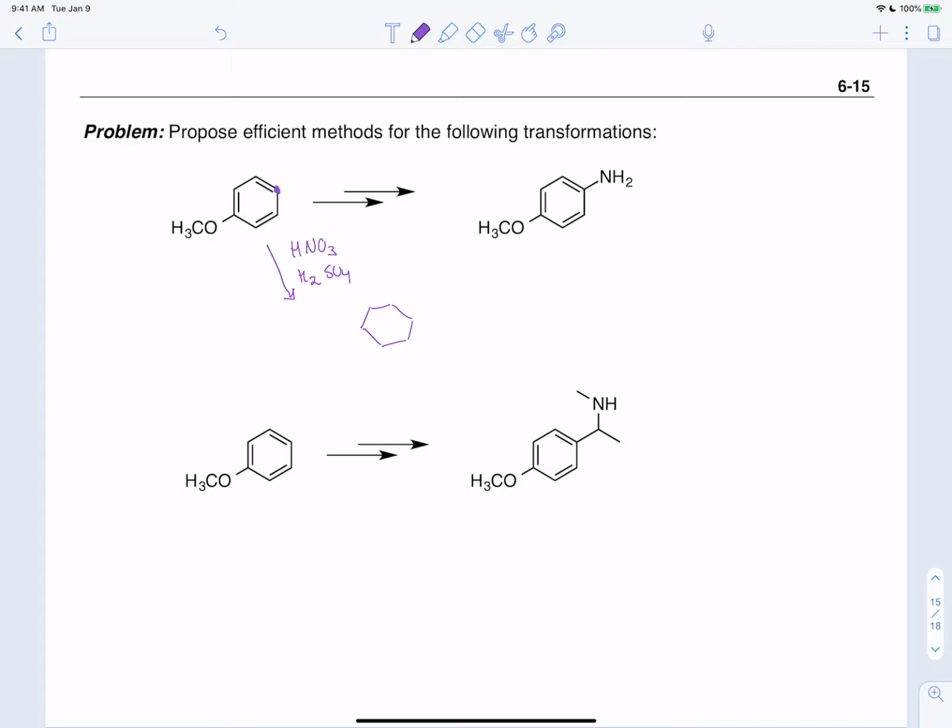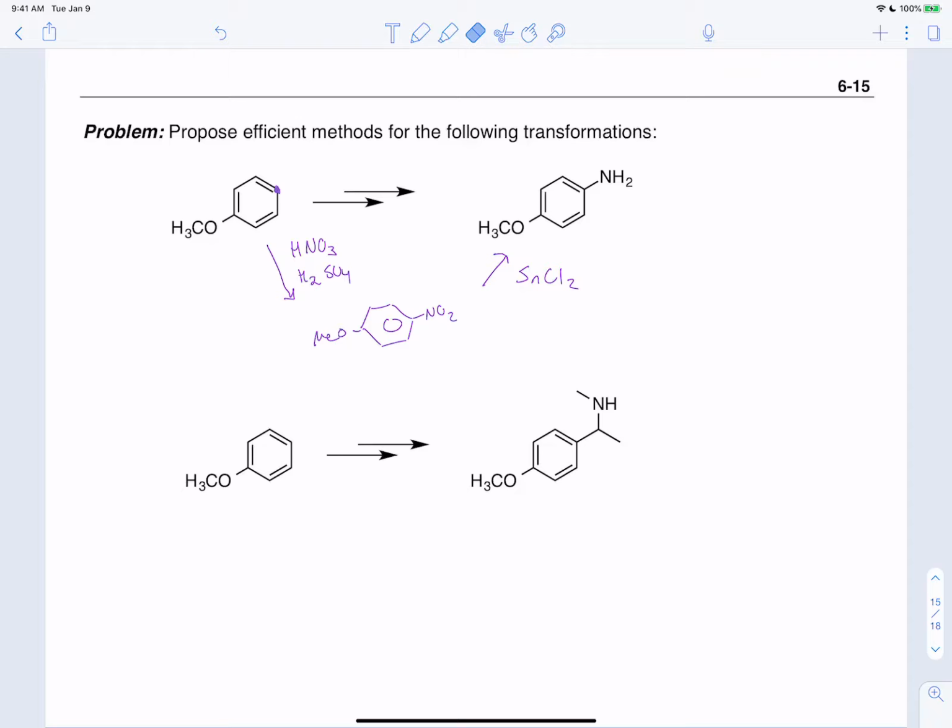We might get some of the ortho isomer as well, but we don't worry about that because we can't control it. And we can use pretty much any of our different types of reducing agents, tin chloride always being my preferred aryl nitro reducing agent of choice.